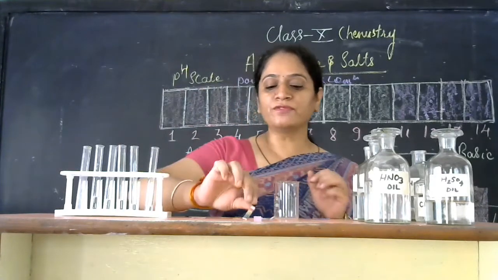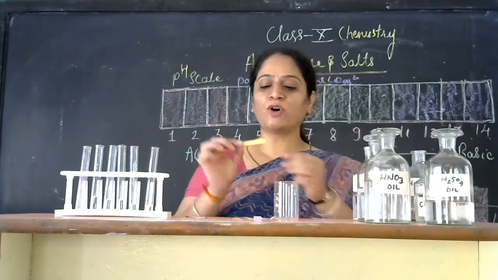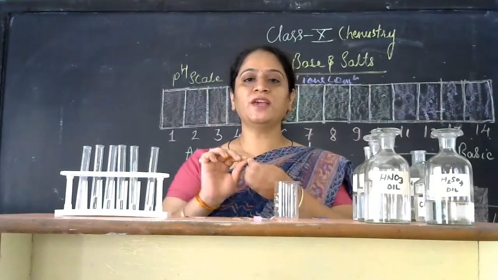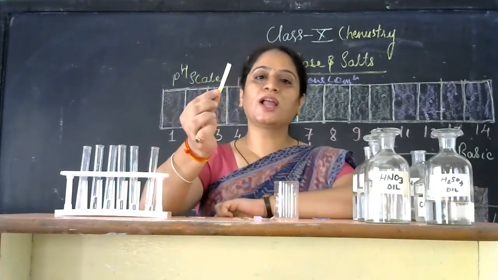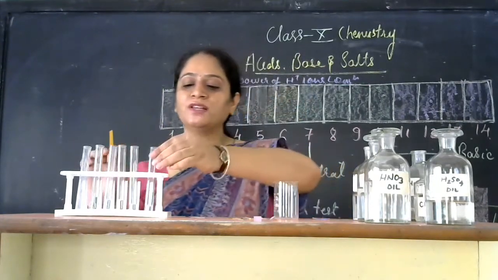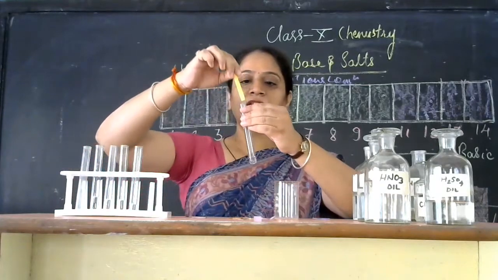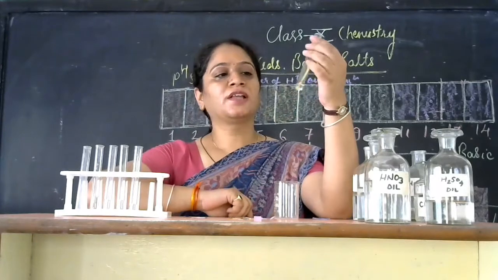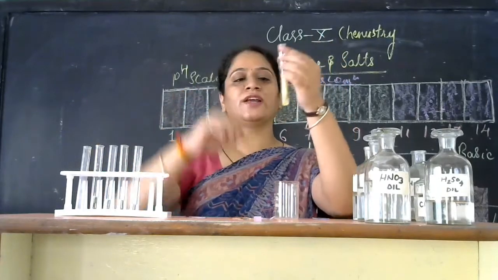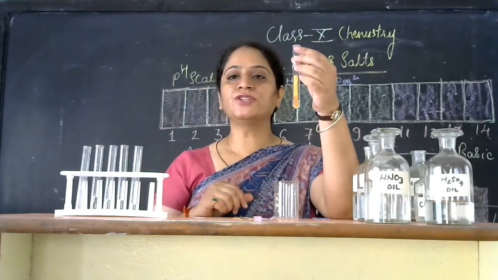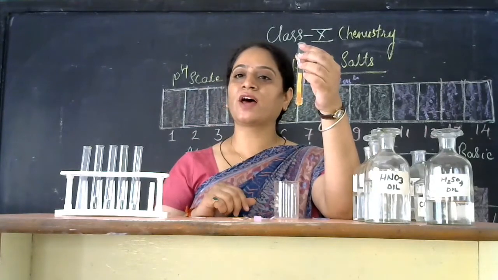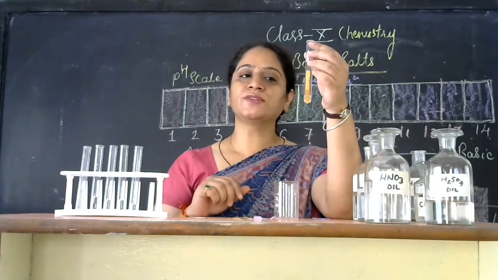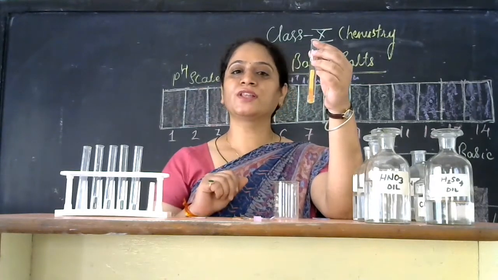So I am taking a small piece of pH paper. See, it is yellow in color, and I am dipping it in one solution. See the change: the color is changing to slightly reddish. Why? Because of the hydrogen ion concentration, its acidic strength is less.